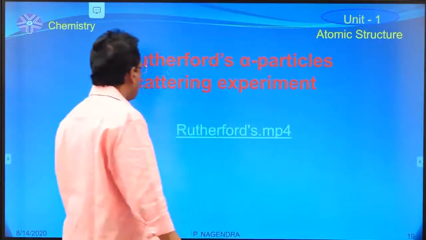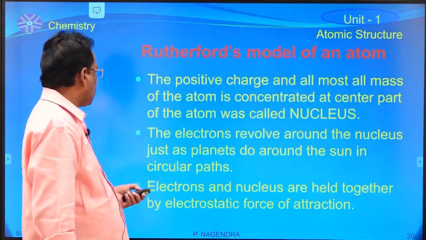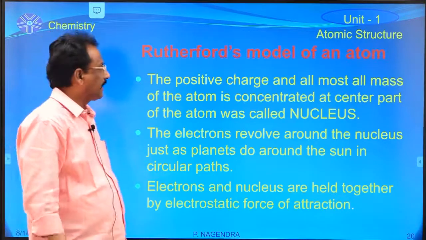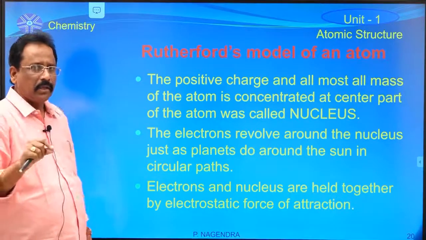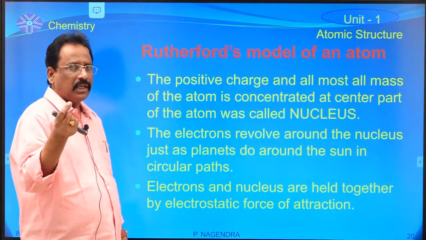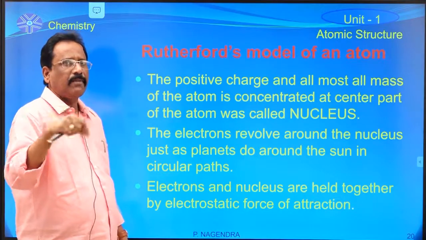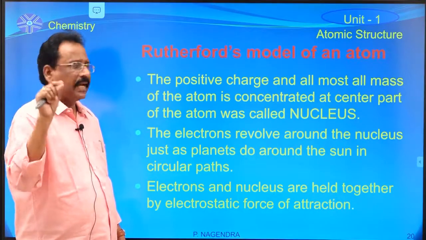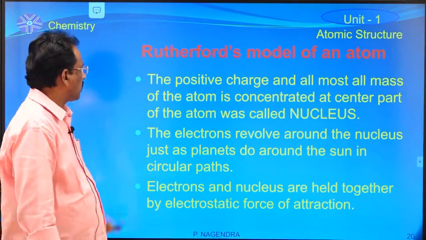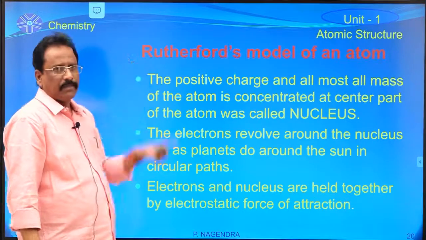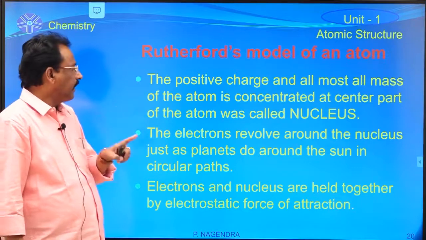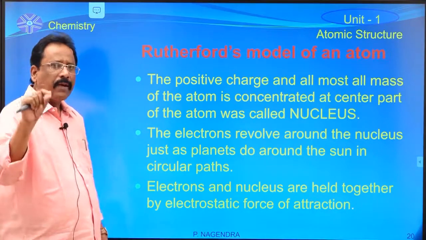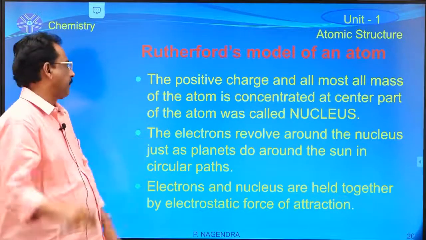Now, based on that alpha particle scattering experiment, he proposed the atomic model to picturize the position of the fundamental particles in an atom. That is known as Rutherford's atomic model. Rutherford's atomic model mainly depends upon the alpha particle scattering experiment.